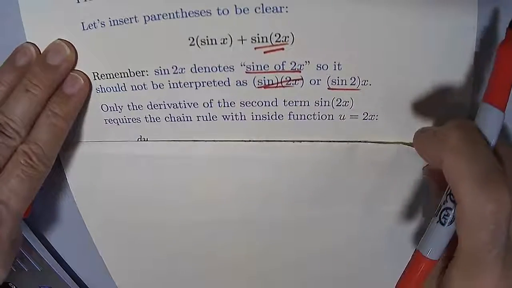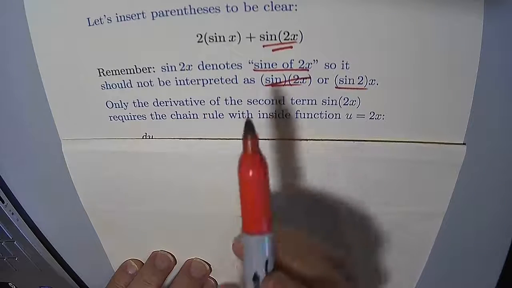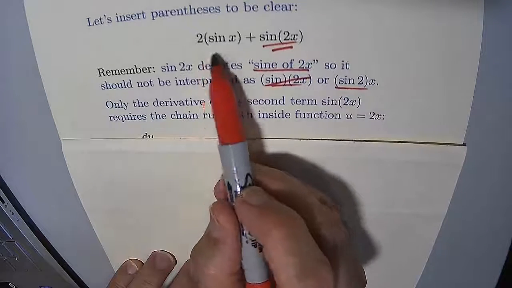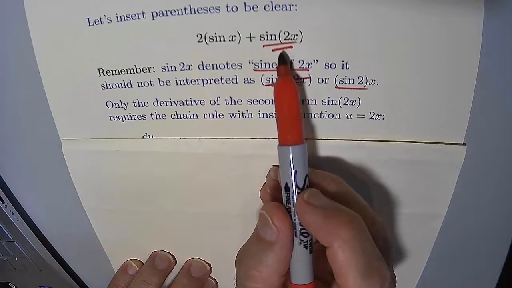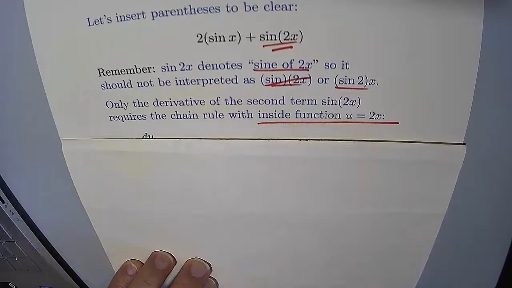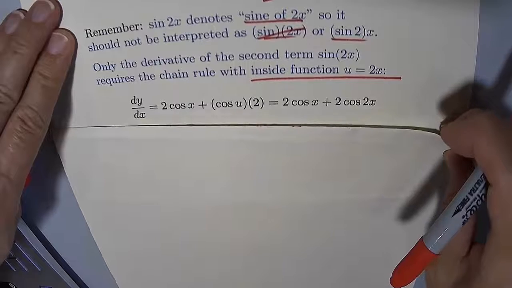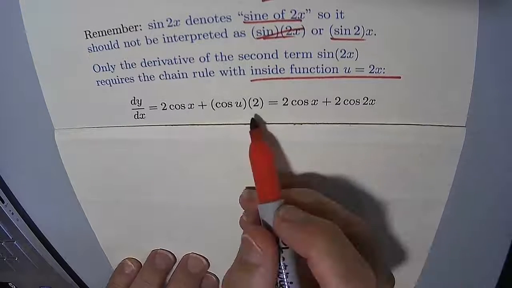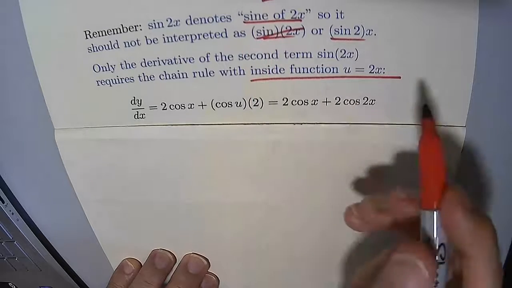Okay, with that out of the way, we have two terms. The first term is a straightforward derivative. The second term is where we use the chain rule. There is an inside function 2x, which we can call u for short, and then figure out the derivative of the outside function, derivative of sine u.